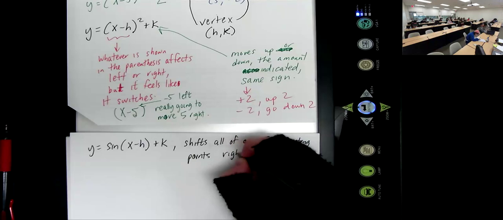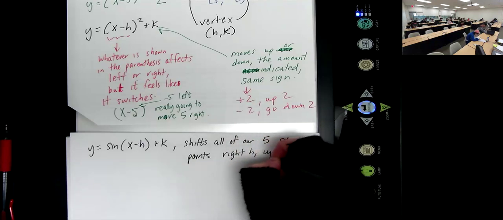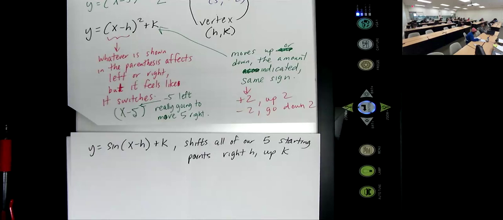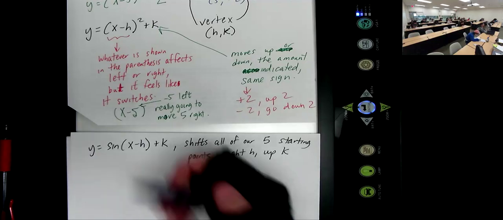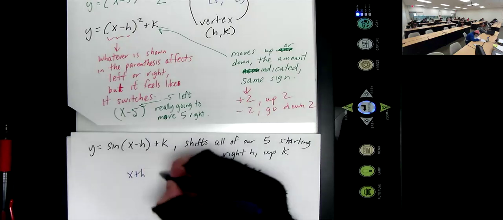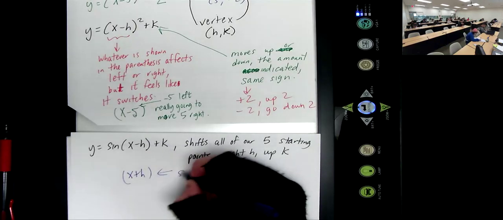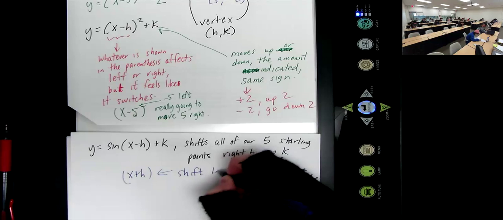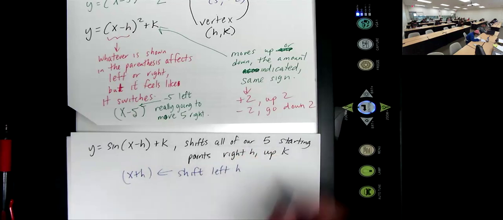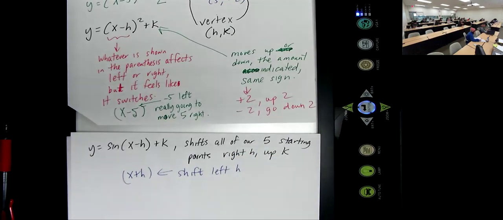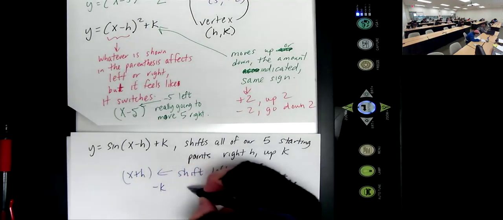Right h, up k. X plus h would shift left h, and minus k would shift down k.